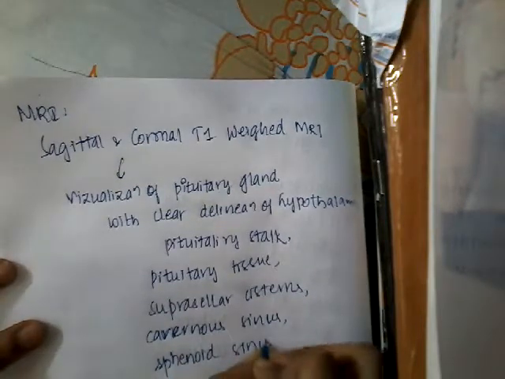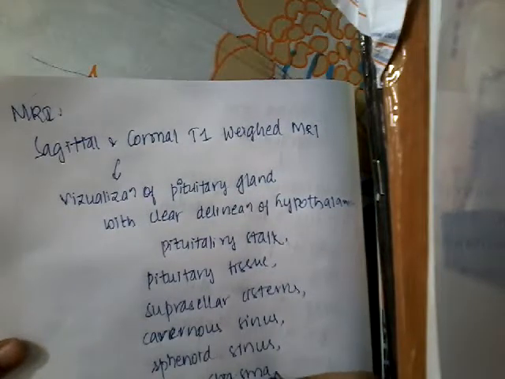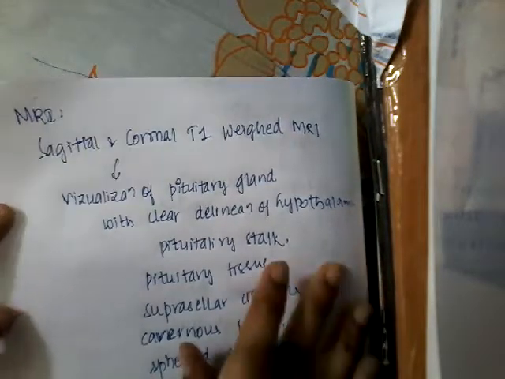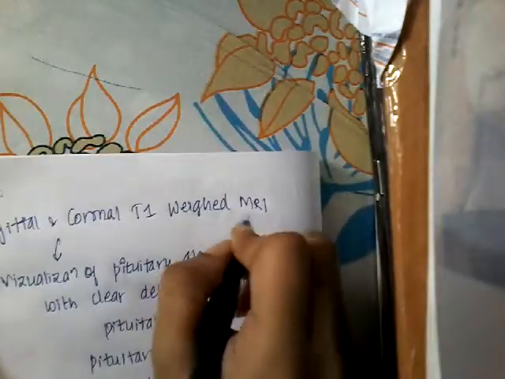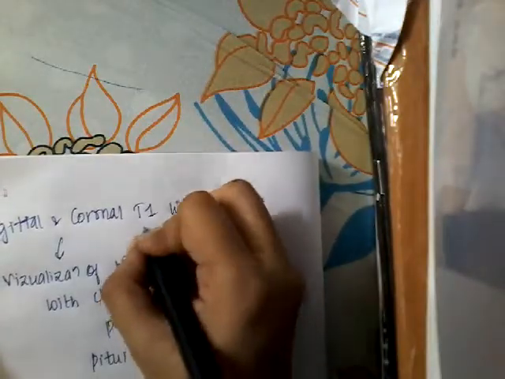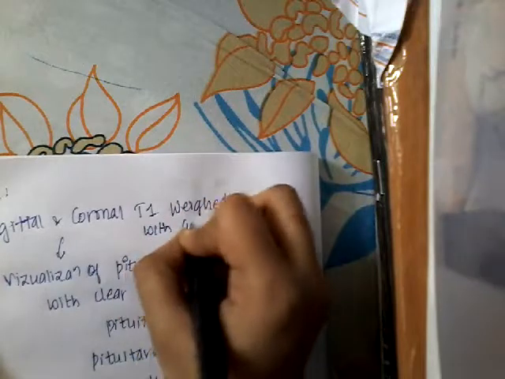Sphenoid sinus is also seen for extension, and also the optic chiasma is seen. Okay, these are seen in sagittal and coronal T1 weighted MRI with gadolinium contrast.